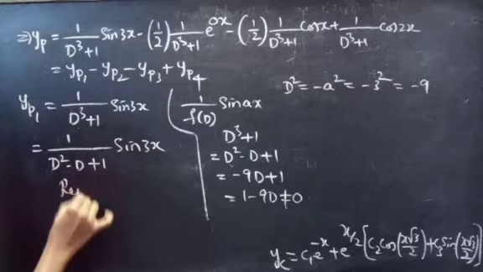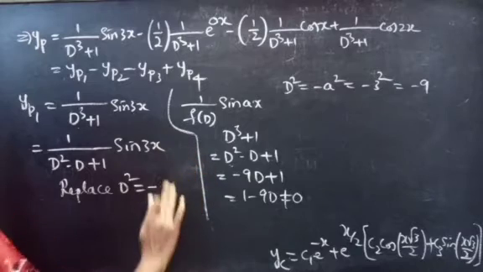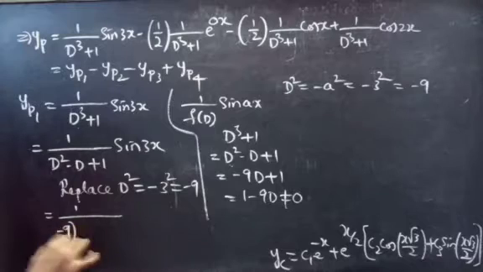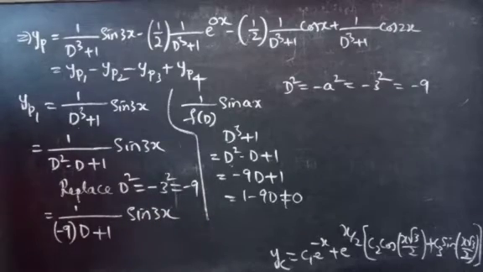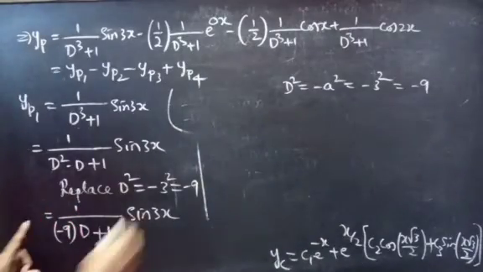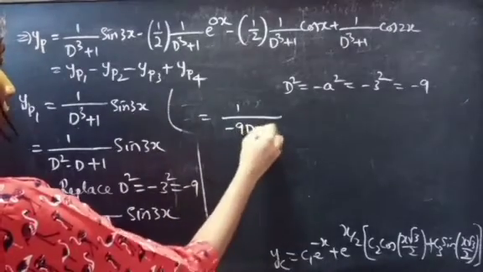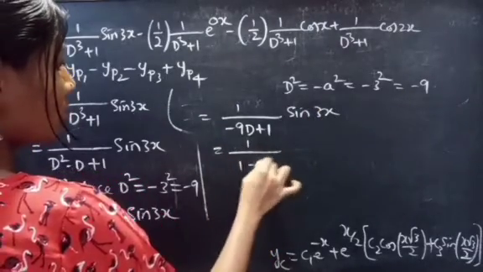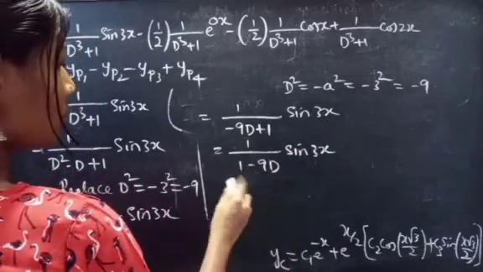Now replace D square by minus 9, which equals 1 by minus 9 into D plus 1 into sine 3x. This becomes 1 by minus 9 into D, which is minus 9D, plus 1 into sine 3x, which equals 1 by 1 minus 9D into sine 3x. See, in the denominator we are having 1 minus 9D, right?